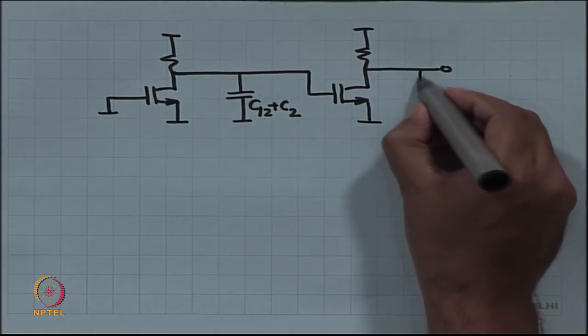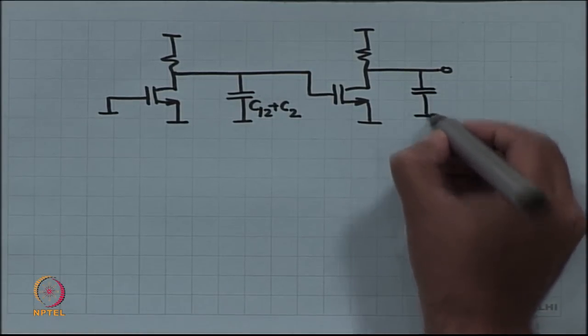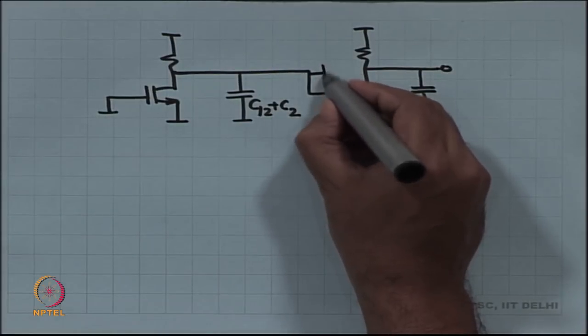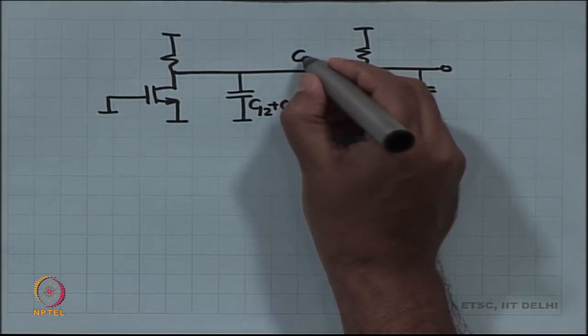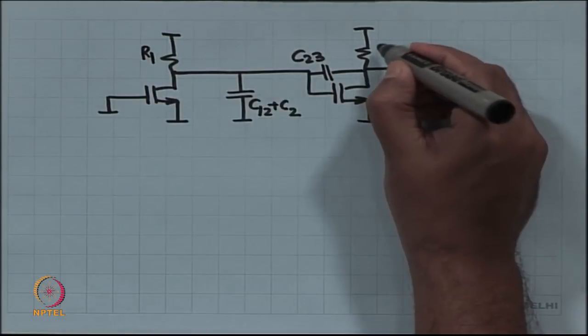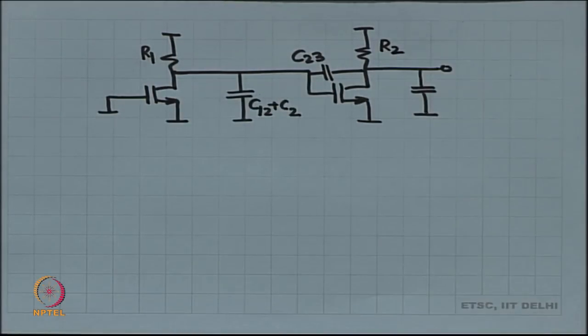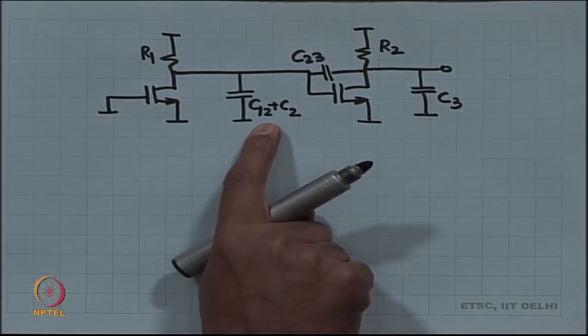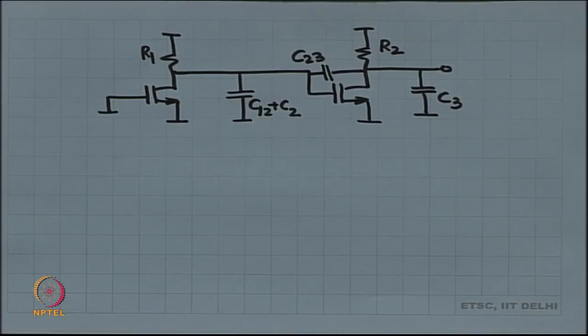And then I had C3 between node 3 and ground, and I had C23 between node 2 and node 3. So, this was my circuit. Okay. So, the only important simplification is that C12 is now sorted out.